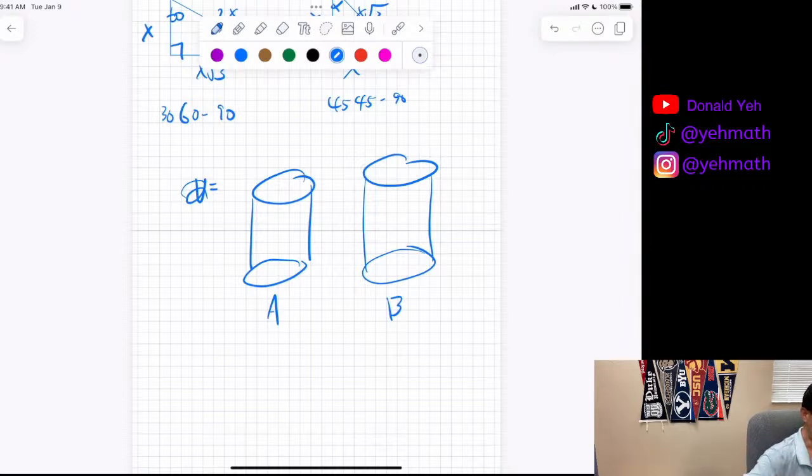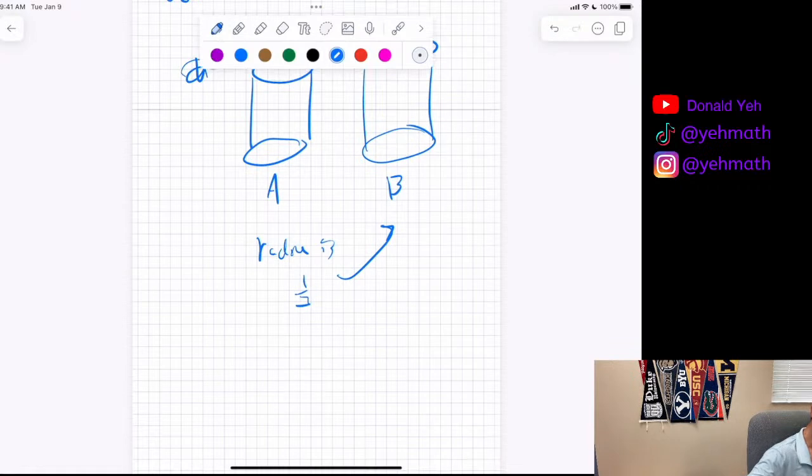So A's radius is 1/3 compared to B's. How much volume difference, with the same exact height? Oh, it's 2 over 3? No. With these factors, why is it 9 times bigger? Because the volume is equal to 1/3 pi r squared h.